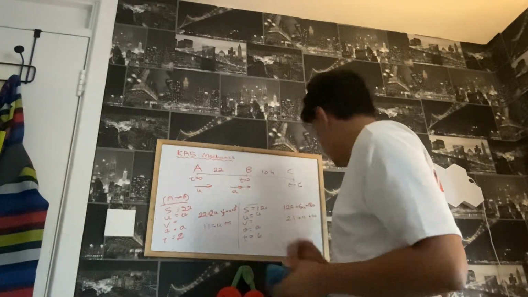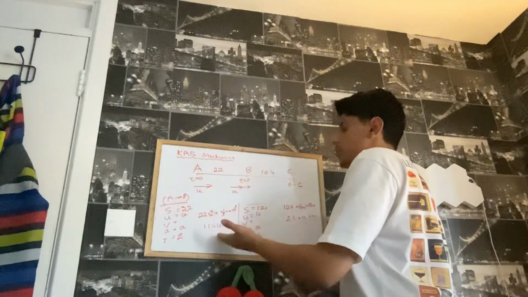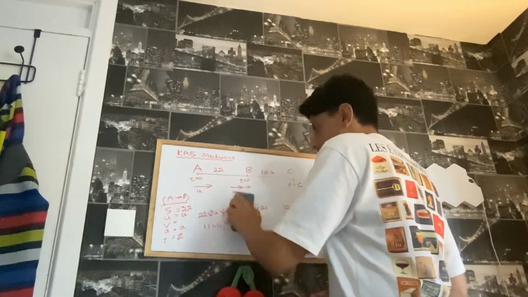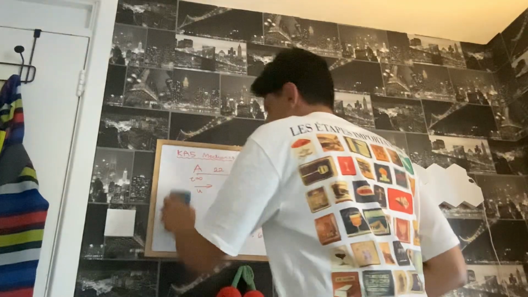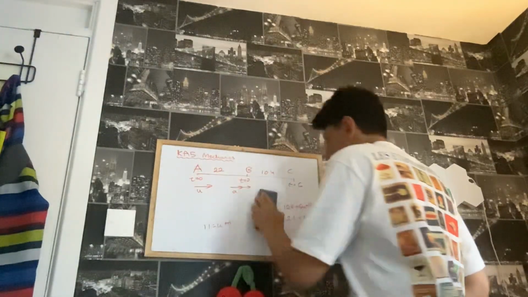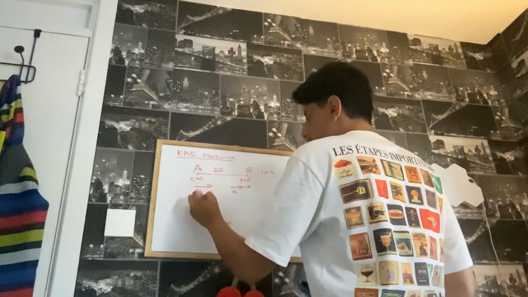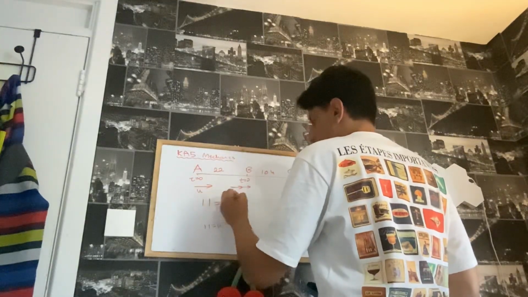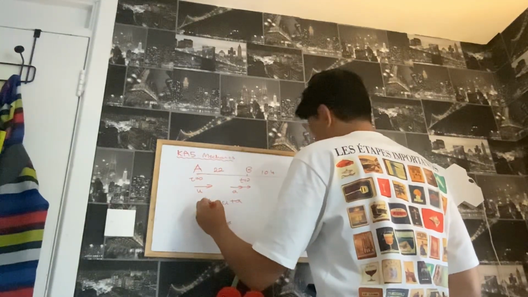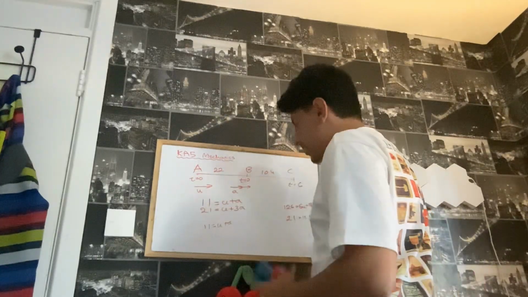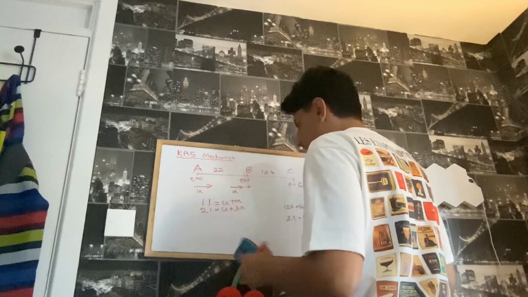The reason this would work as a simultaneous equation is because we got u and a over here. So I'm going to rub all of this out, really tidy it up. So 11 equals u plus a, 21 equals u plus 3a. Our u's are the same, they're all in line.